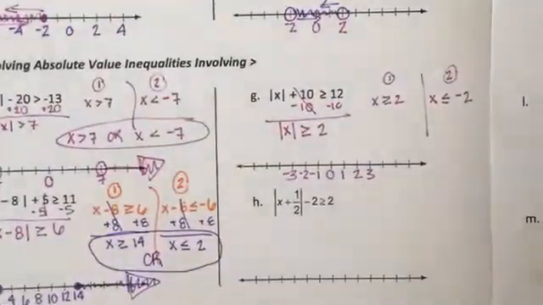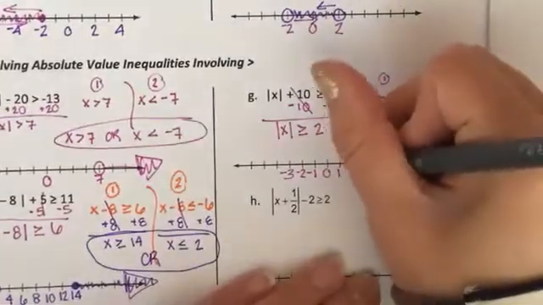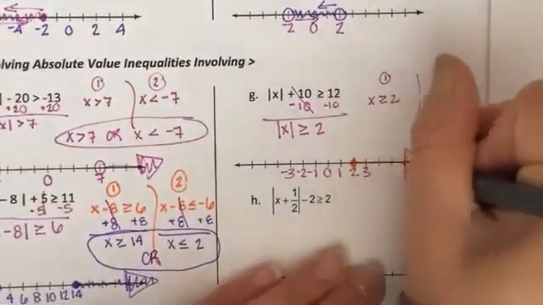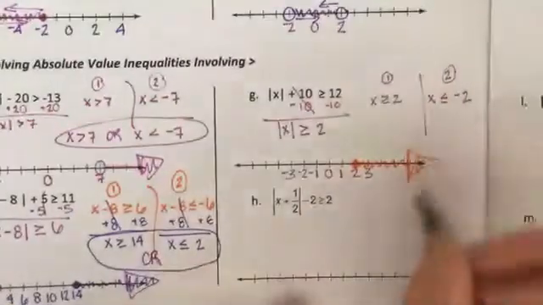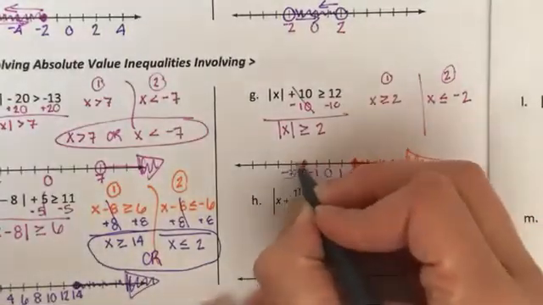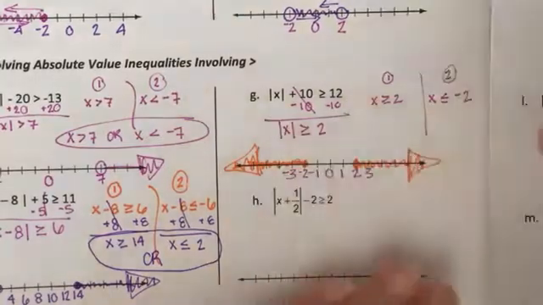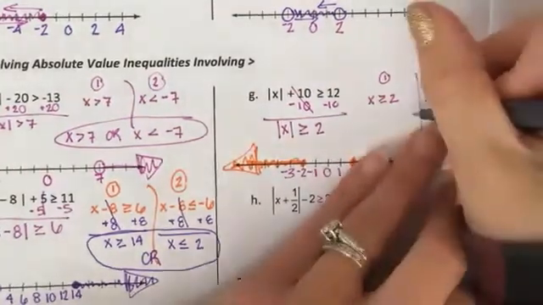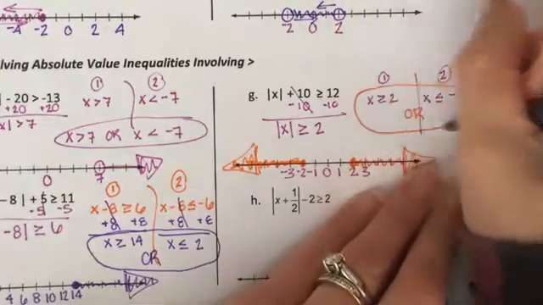Closed circle on both of them. X is greater than or equal to 2, so it would go this way. X is less than or equal to negative 2. It goes this way. So they go opposite directions. That means that it's an or inequality.